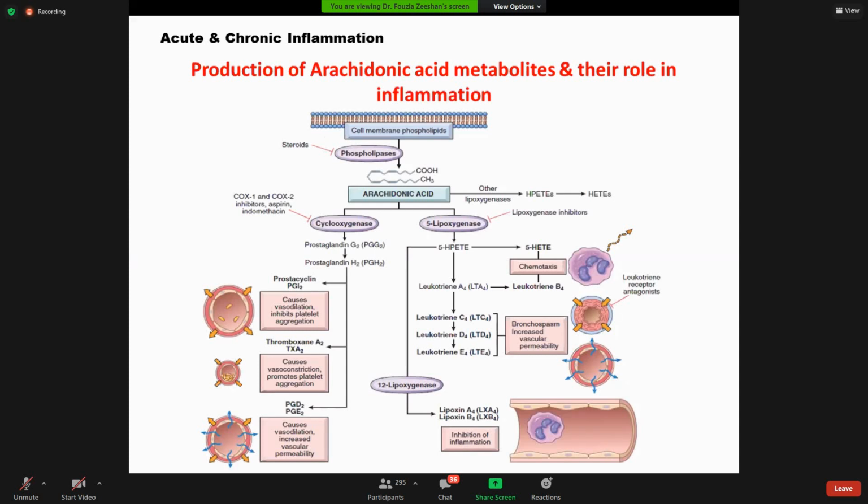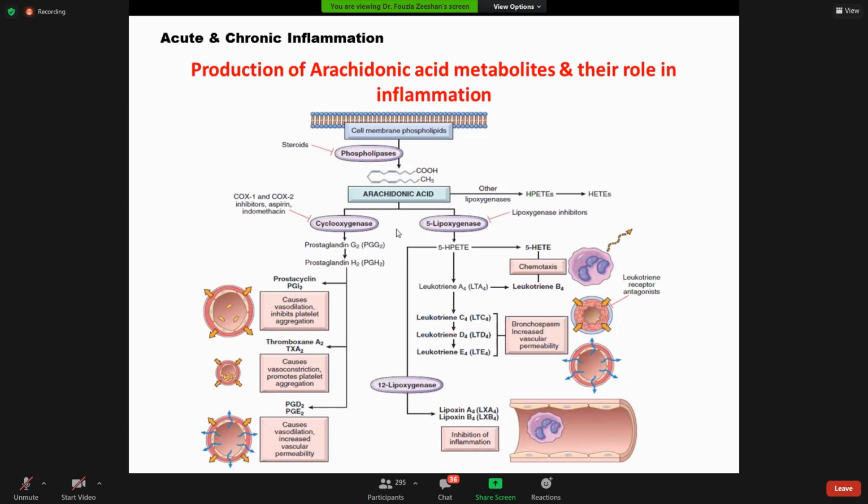You have studied it in physiology. Just recall that there are some phospholipids found in the cell membrane, and they are converted into arachidonic acid through phospholipases, right?